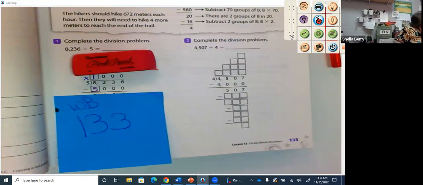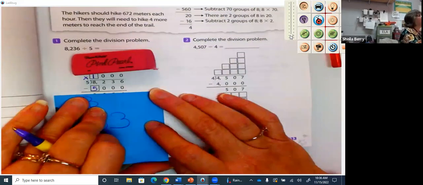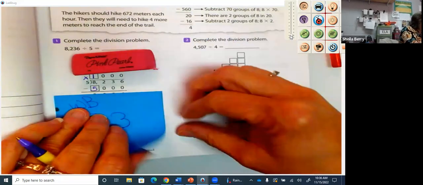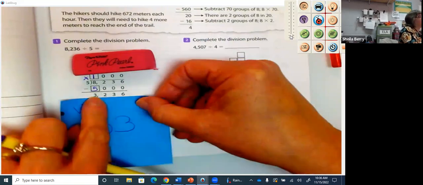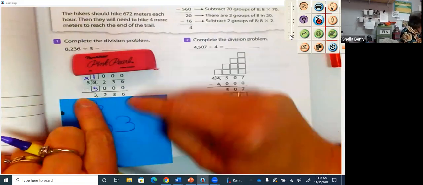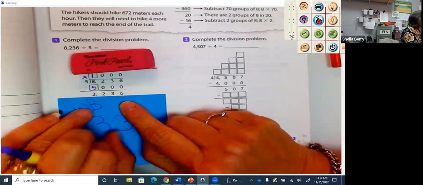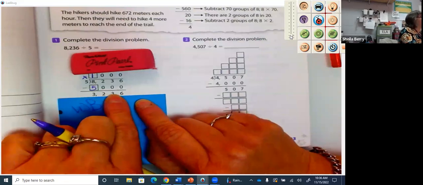Okay, now we need to what? Subtract. So when we subtract that, what do we get? Look at the problem because they're doing it for you. What's our answer? 3,236. This is our new number.